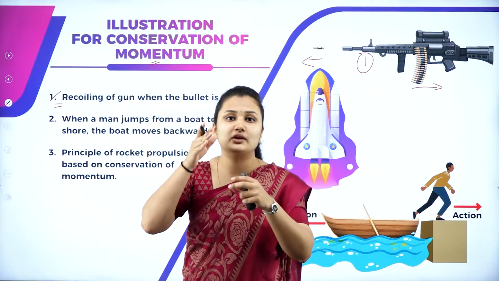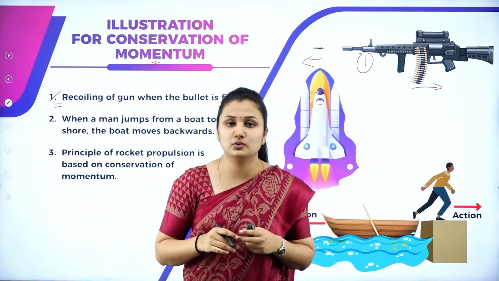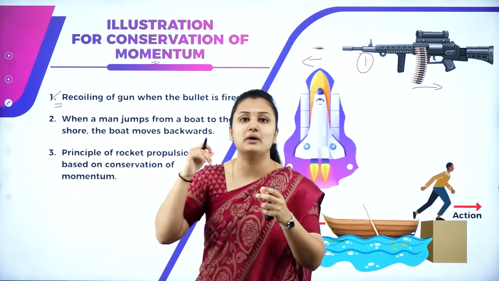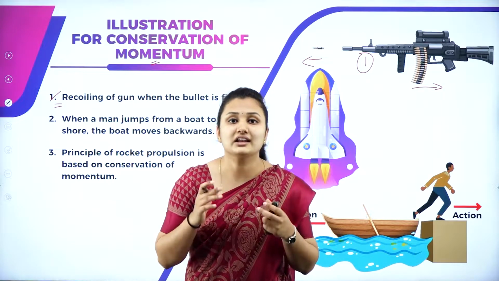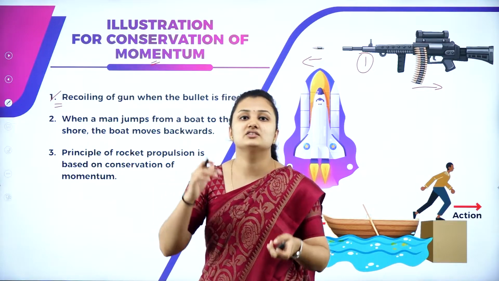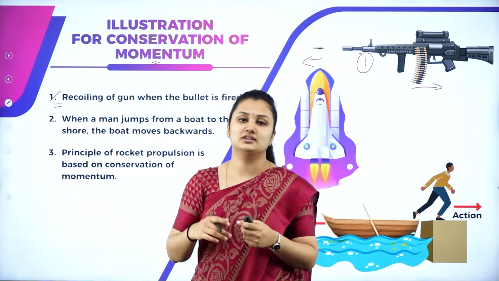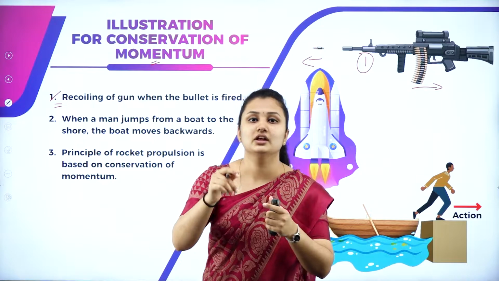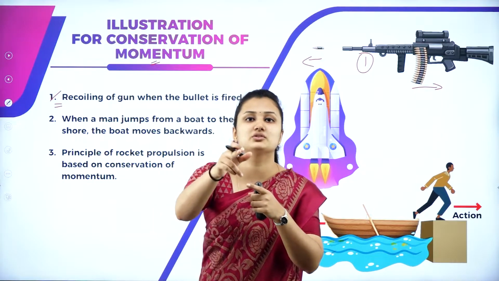The bullet will move forward towards the target, so the gun will move backward. The backward motion of the gun is called recoiling, and the velocity with which the gun moves backward is called recoiling velocity. When you fire, the bullet moves forward and the gun moves backward, opposite to the bullet.